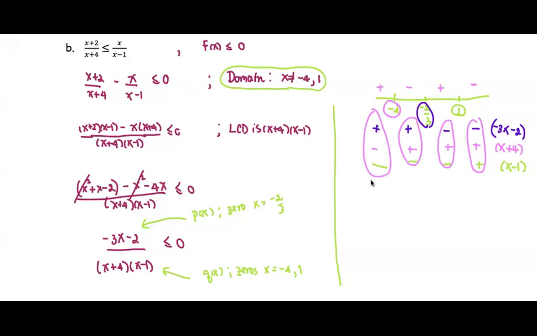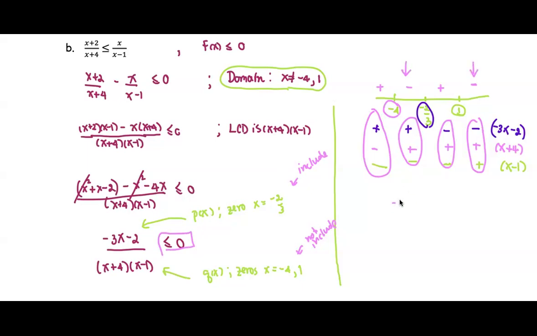So for this case, we are going to include the 0 of the numerator, but not include the zeros of the denominator. And what interval are we going to use as the solution? It's going to be the one that gives the result less than or equal to 0, which is over here and over here.